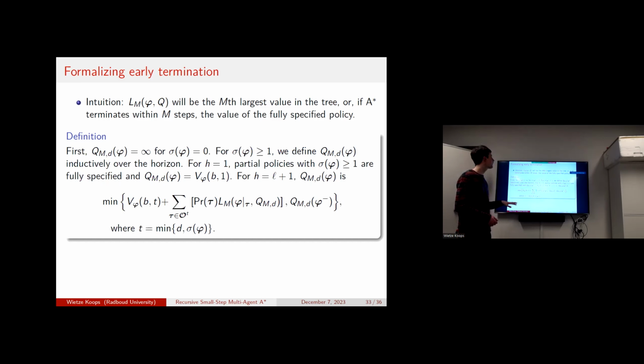You fill your whole search tree with heuristic values according to heuristic Q, that is admissible and everything. And then you take the nth largest value among all these values. That's the L^n_phi(Q), and I'm going to use that to define the early termination heuristic.